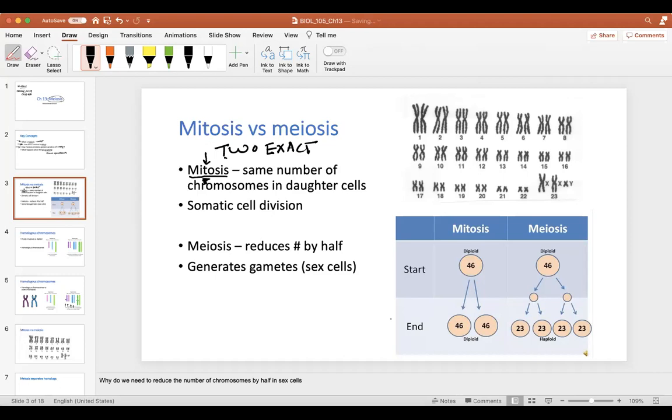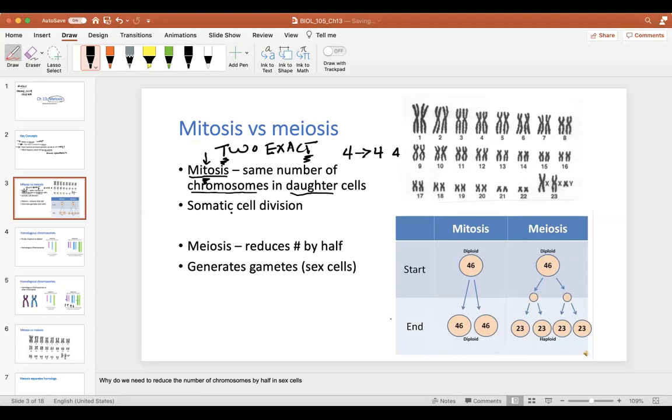Mitosis with a T makes two exact copies. So what do we mean by that? Well, essentially what that means is that the number of chromosomes that exist in the daughter cells after division is the same as in the original cell. So if you started out with 4 chromosomes, after mitosis, both daughter cells would have 4 chromosomes. Are you with me? So these are exact copies of the original cell.